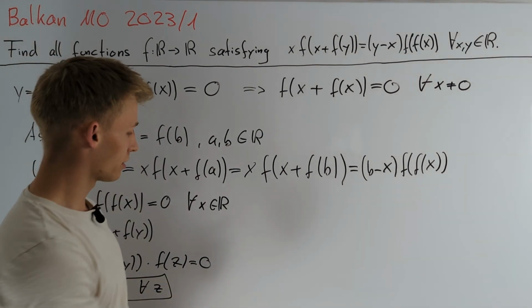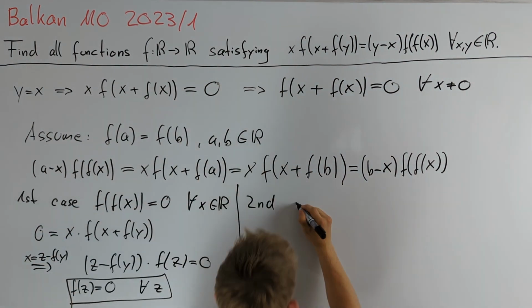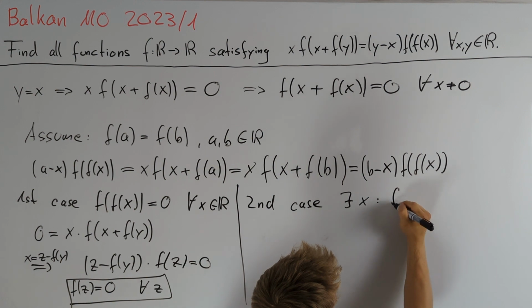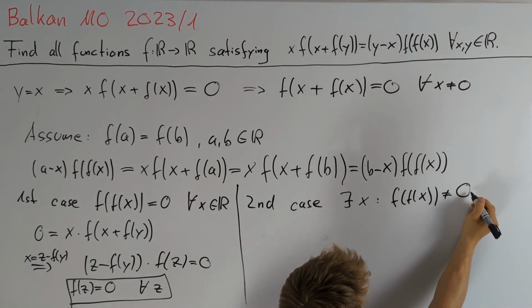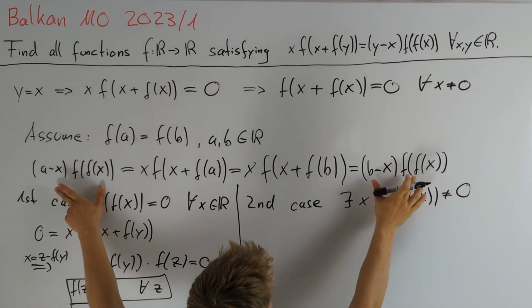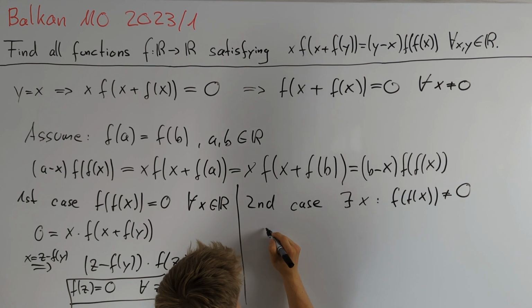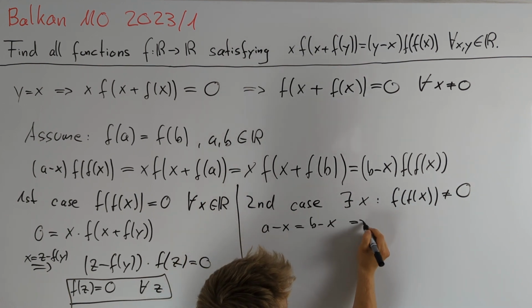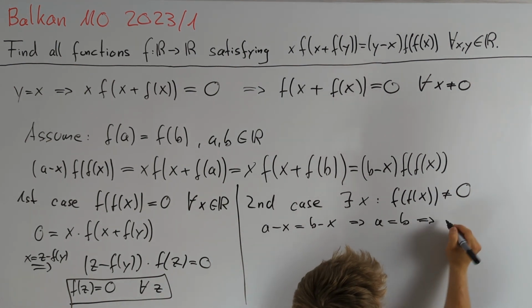Now we are ready to go on with our second case, namely that there exists some x such that f of x is not equal to 0. Using this x in our equation here, we see that we can divide by f of x. Therefore, we get that a minus x is equal to b minus x, and thus a is equal to b, and therefore we know that f is injective.